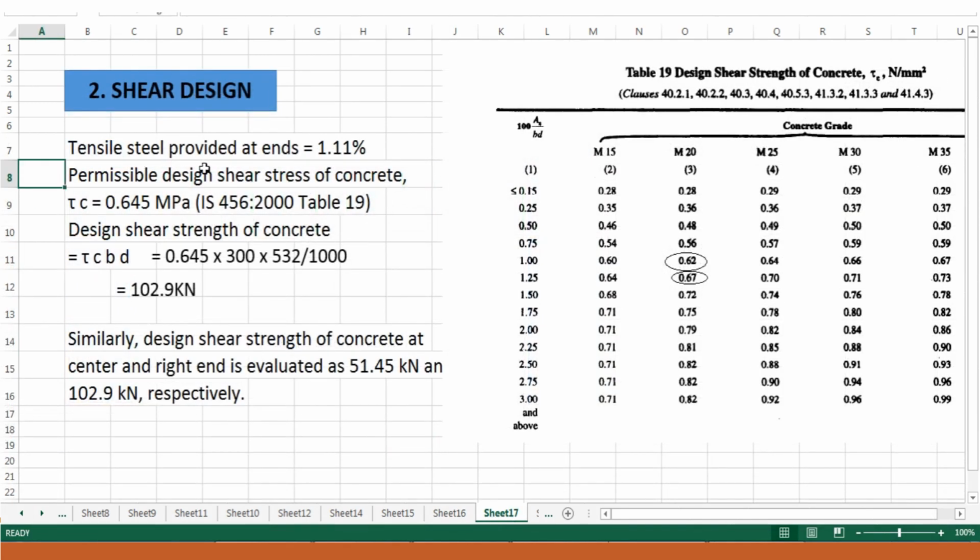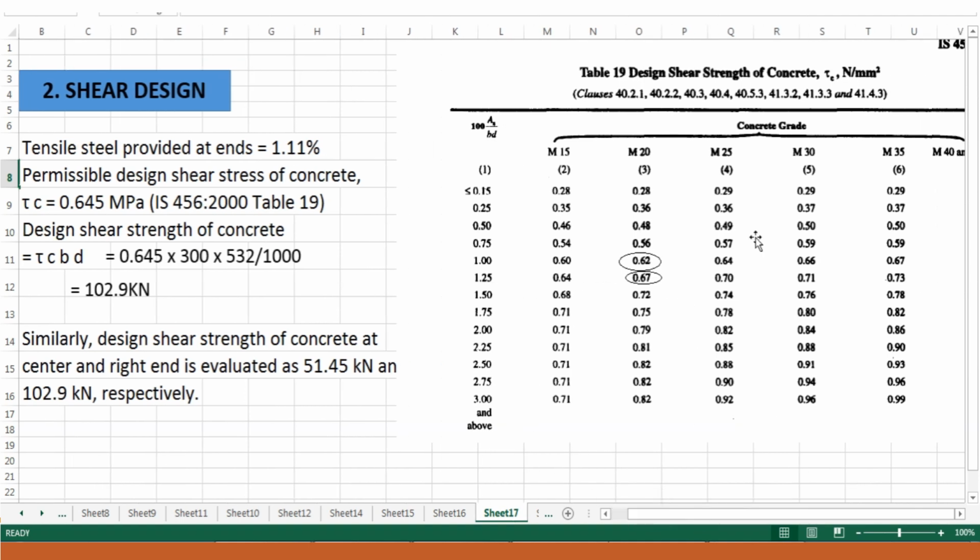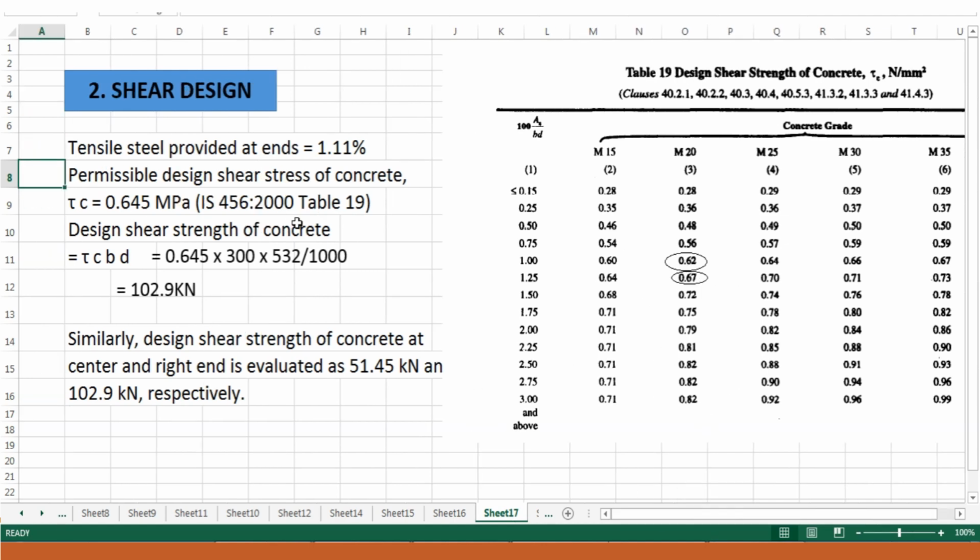Thereby, the permissible design shear stress of concrete as per IS 456 Table 19, tau c, is 0.645 for M20 grade, which is what this example uses, where the reinforcement amount is between 1 and 1.25, here 1.11.